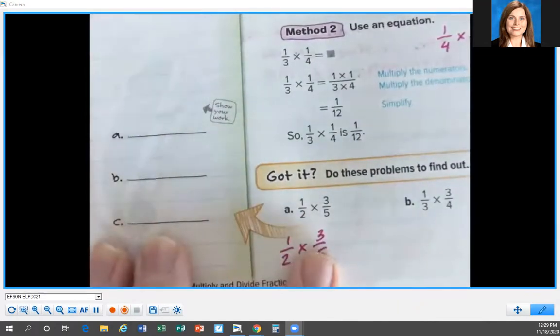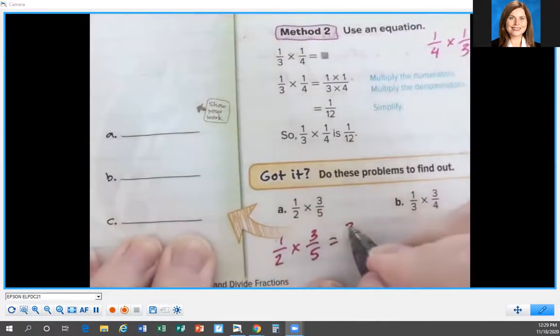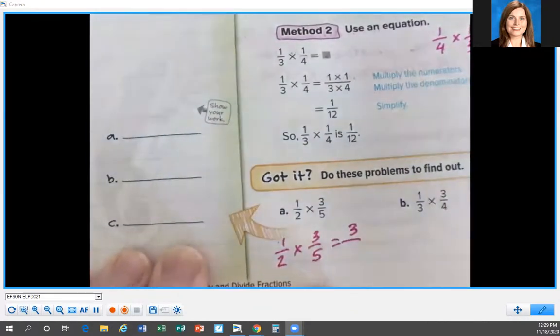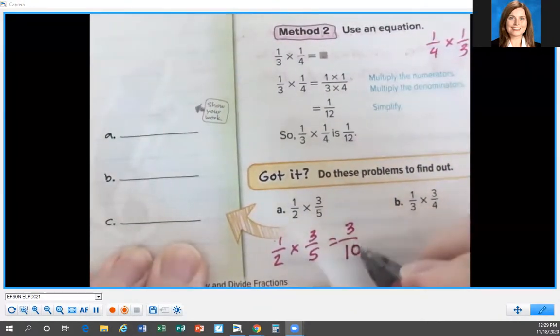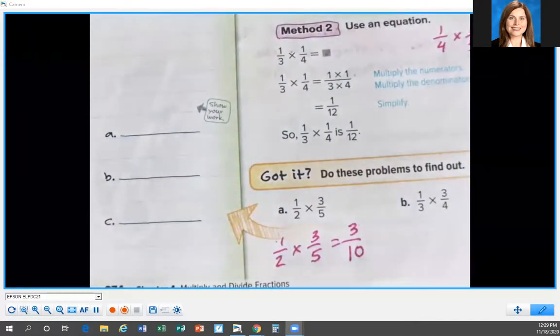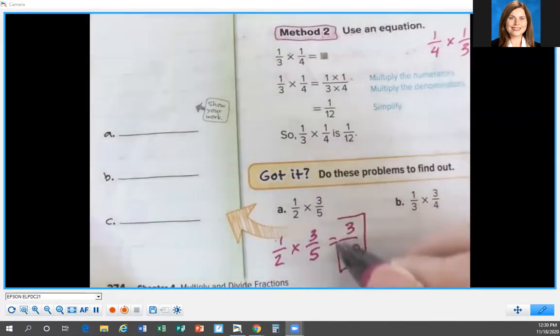Okay, so numerator times numerator, 1 times 3 is 3. Denominator times denominator, 2 times 5 is 10. So I have 3/10. And then I always look at my answer to see whether it can be simplified. Okay, so 3 and 10 don't have any common factors, so we're done here, 3/10.